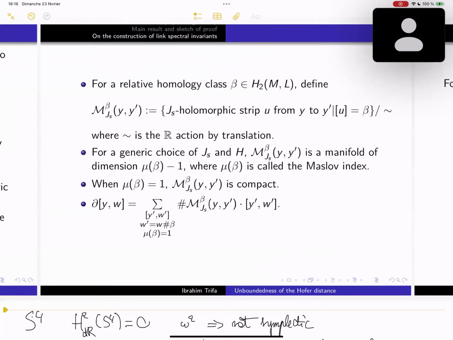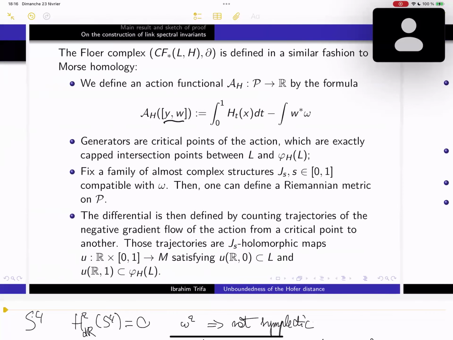So why do we add this constant to the action? It is so that it's more natural, because now if we change the reference path, like if we change the point x and the reference path, this will change this integral here, but it will also change the capping, since the capping goes from y to the reference path gamma.